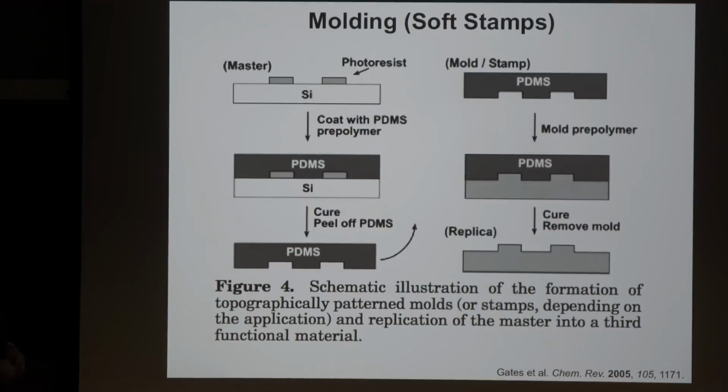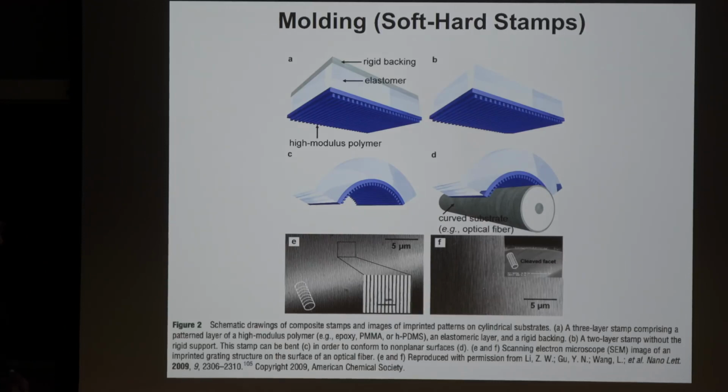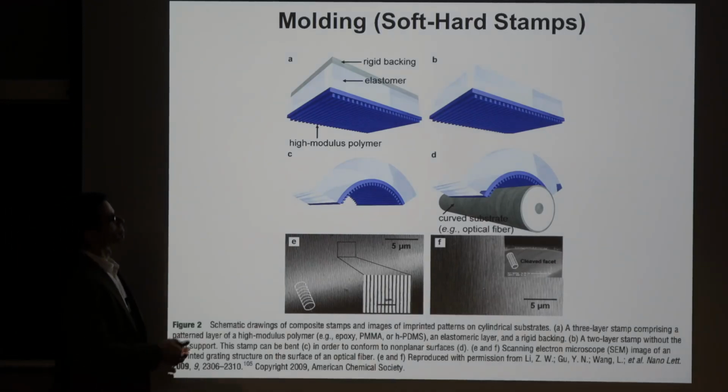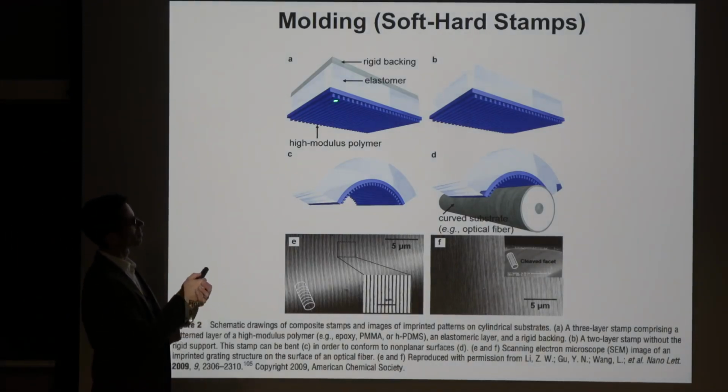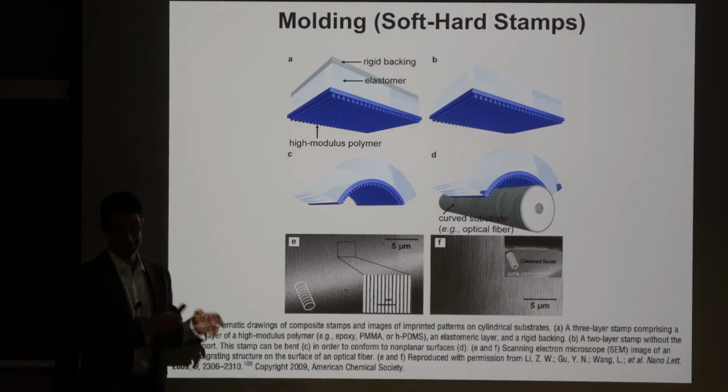Okay, so here's a really simplistic drawing of the molding process, and basically this is pretty simple. You have the photoresist, you make the PDMS stamp, and then you replicate the structure that's in the PDMS stamp in a piece of hardened epoxy. You can do this on curved surfaces by using a high modulus polymer here, but it's thin, so it's flexible.